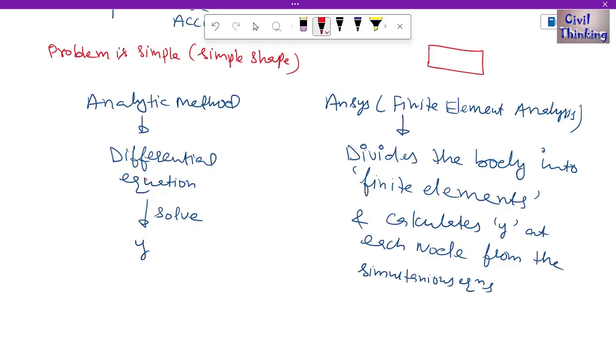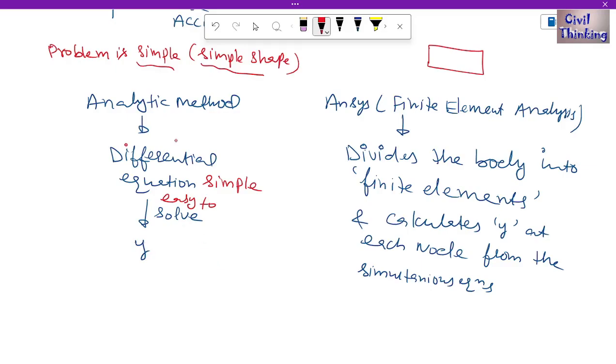Now we will use the analytic method in that, because it is a simple engineering product. The differential equation is also going to be simple, and it will be easy to solve, so we will get our y.